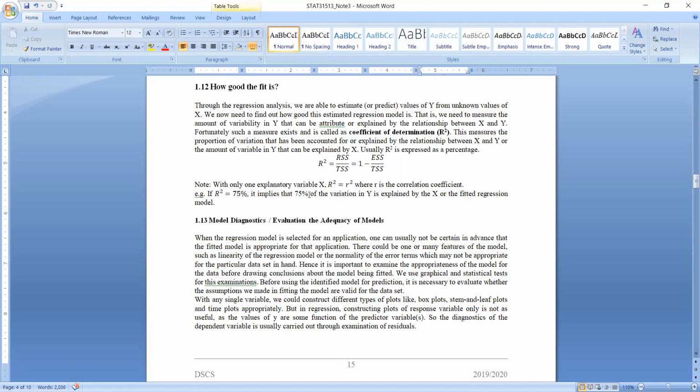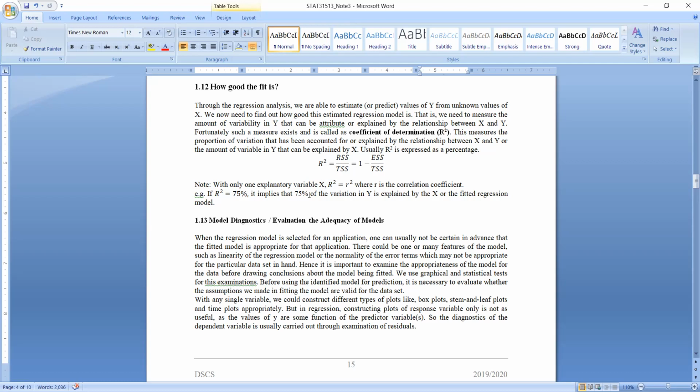Just after finding the beta naught and beta 1 values and coming up with the equations, we can't say go ahead and use this equation to predict the value. We have to check the accuracy of our model. We have various measurements to check the accuracy of the model.